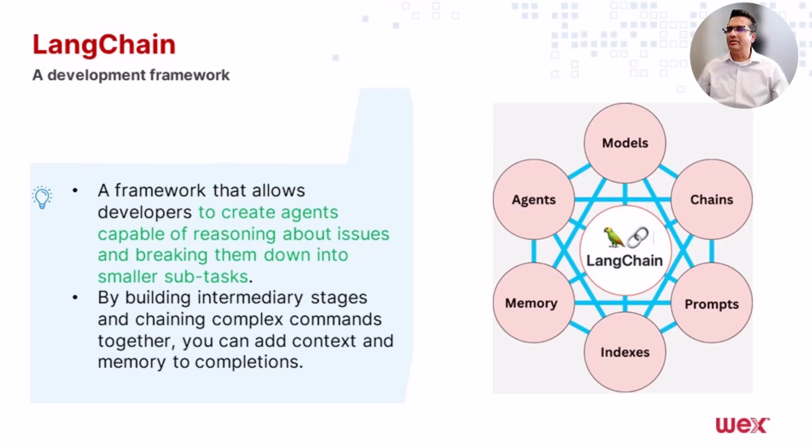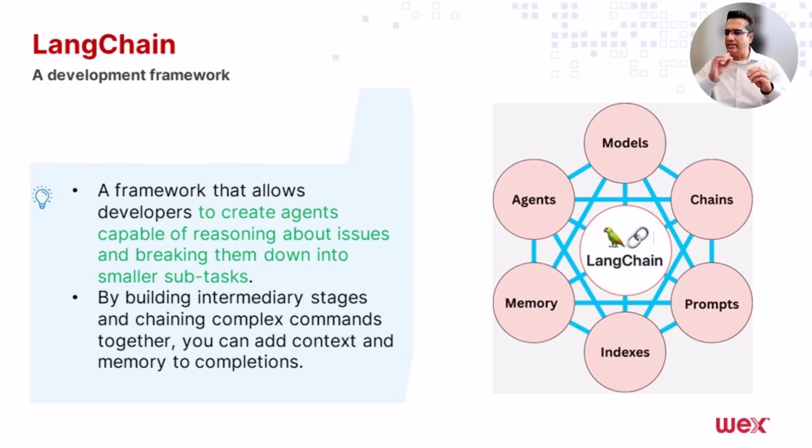You'll hear many times people talking about something called LangChain. LangChain is nothing but a development framework that allows you to combine the models, the agents, the chains, the prompts, indexes, all that, to create agents that are capable of reasoning about the issues and breaking them down into smaller tasks.